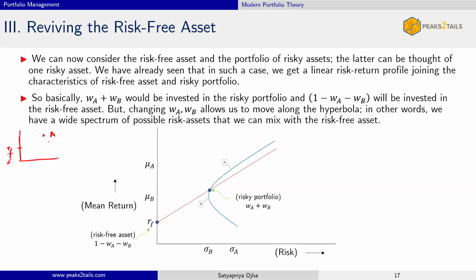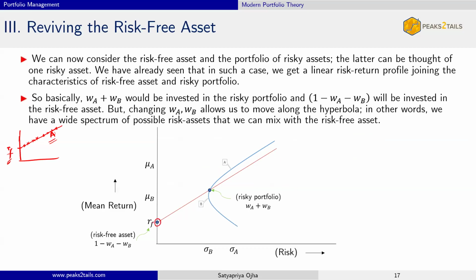Combining a risk-free asset with a risky asset, the kinds of portfolios that you get is a straight line. You can be anywhere on the straight line. Obviously, if you want to go beyond, you have to short the risk-free asset. But the main thing is when you combine a risk-free asset with a risky asset, the resulting portfolio has a mean return and risk profile which is linear, joining these 2 points, correct?